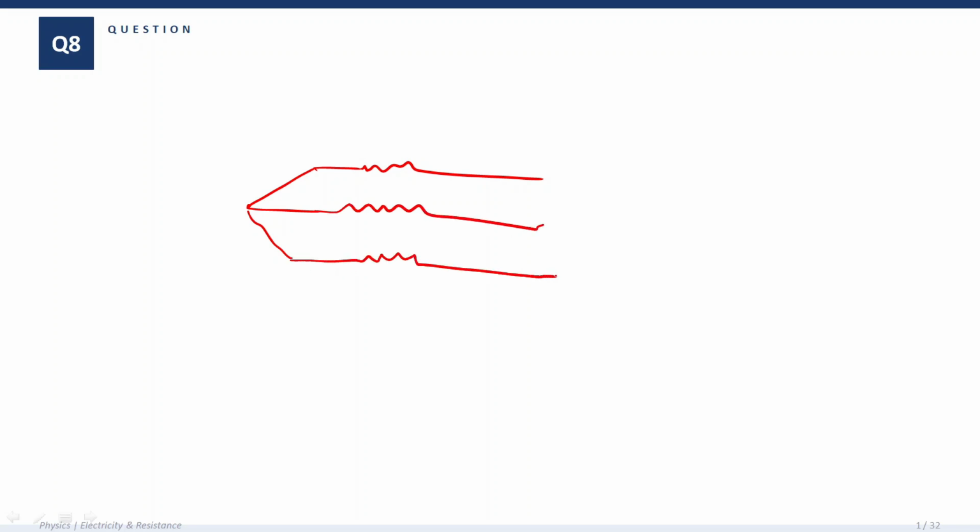Okay, diagram we'll see now. This is the diagram.